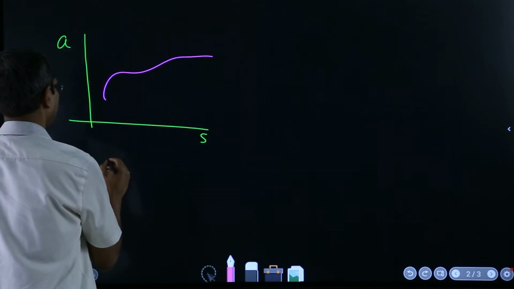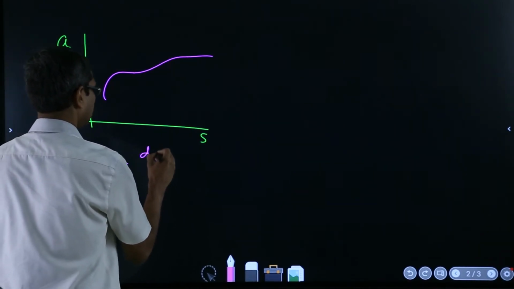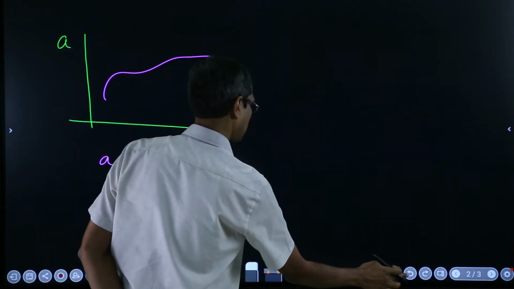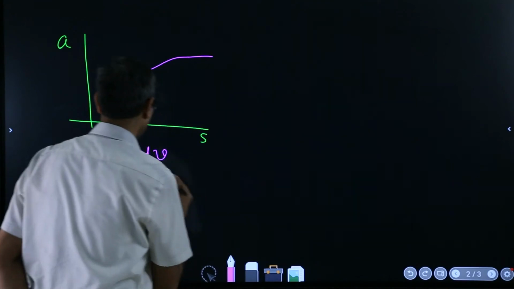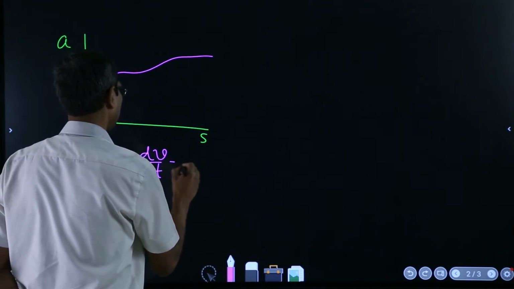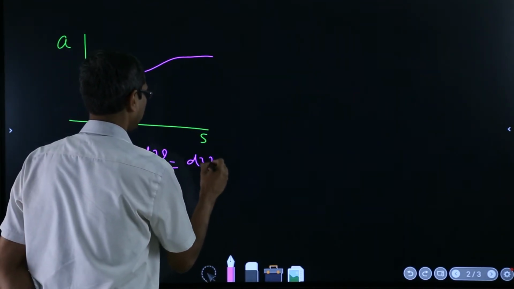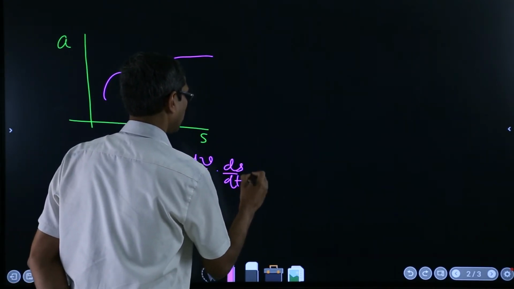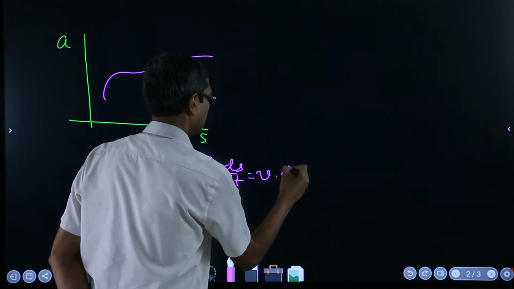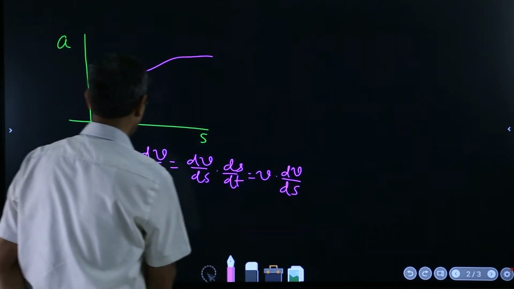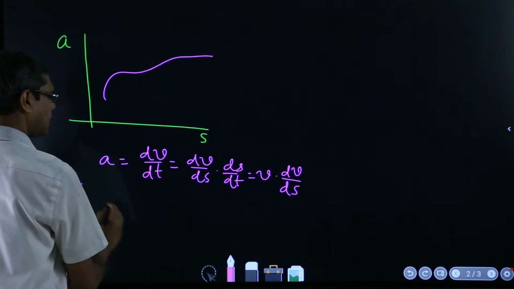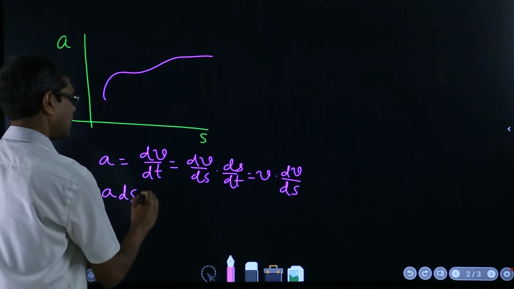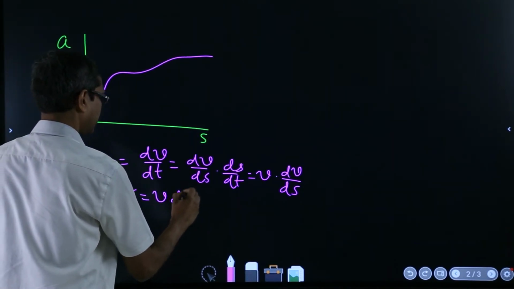A is dv over dt, which you can always write as dv over ds times ds over dt, which is nothing but v times dv over ds. So you can write that A ds is nothing but v dv.